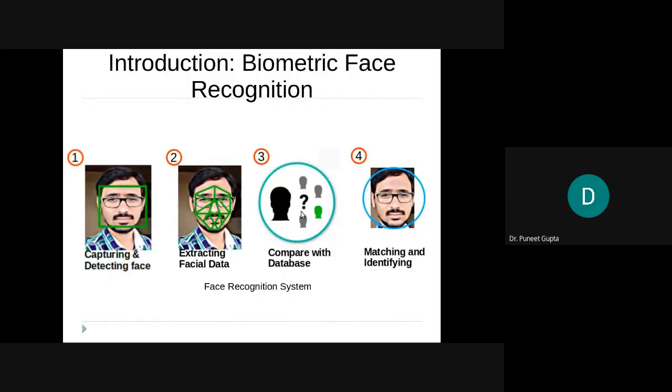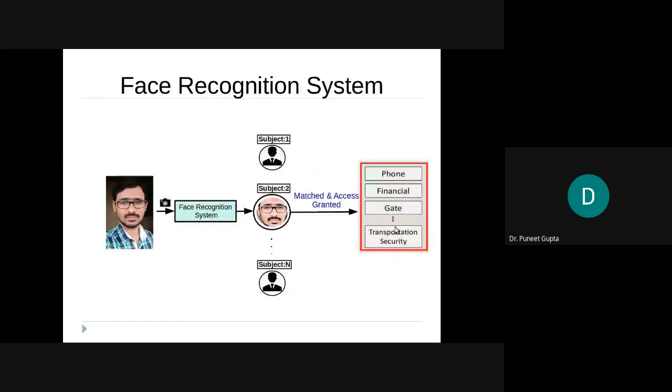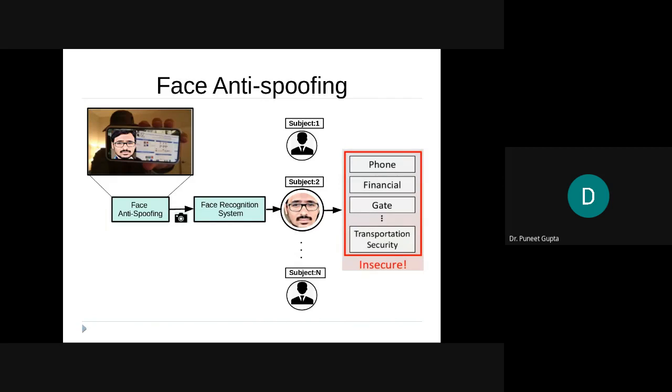Say this person's template matches with this green one; you say this is the matching person and this is their identity. That's a very simple face recognition system. Based on this, you grant access to various sophisticated items to that person, whatever they are entitled to get. But usually there is something known as face anti-spoofing.